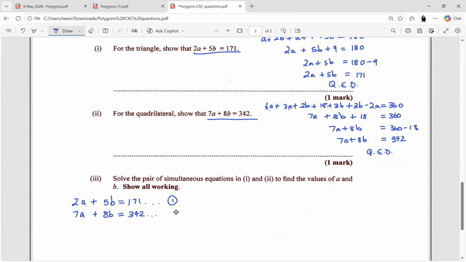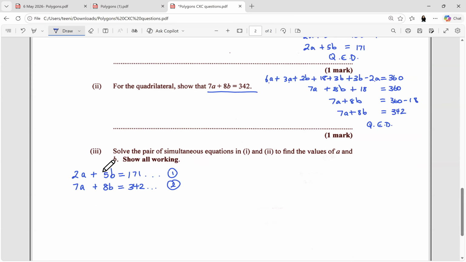And that's my second equation. I want to write over that 4 because it looks like a 9. Right, 342. All right, let me just make sure. 2a plus 5b is 171, and 7a plus 8b is 342. So that's equation 2.